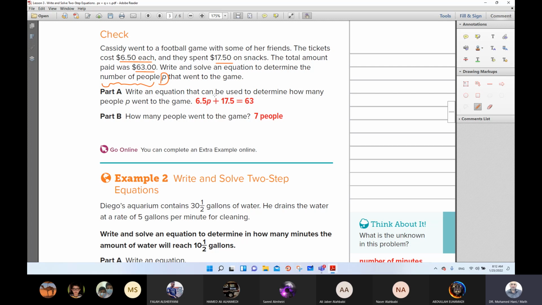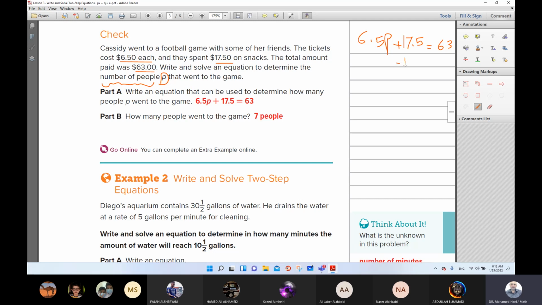So now we have an equation, and we want to solve this equation. So we can write the equation 6.5p plus 17.5 equals 63. To solve this equation, try to remove the constant from this side to keep the variable alone.